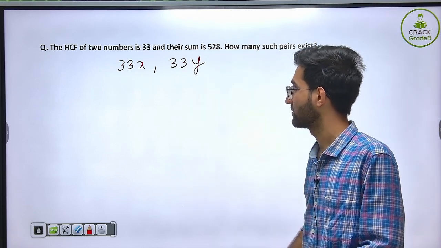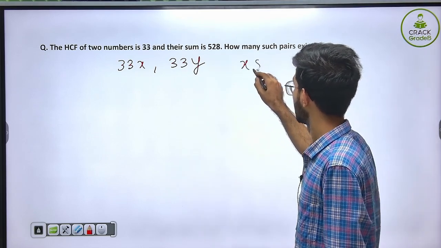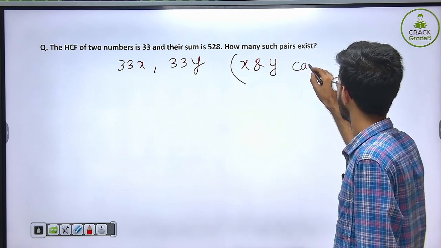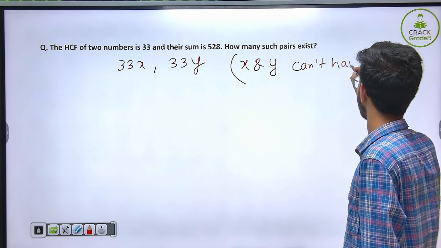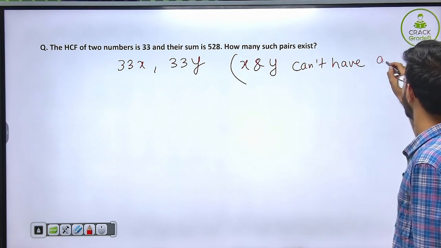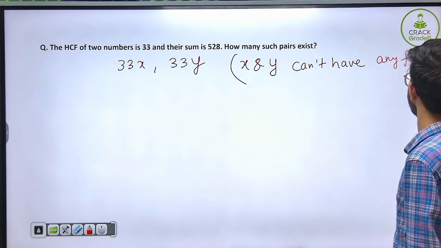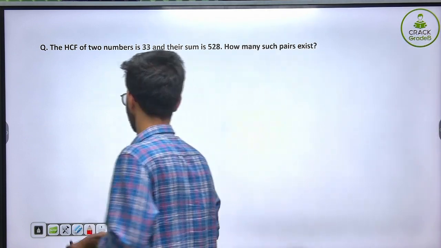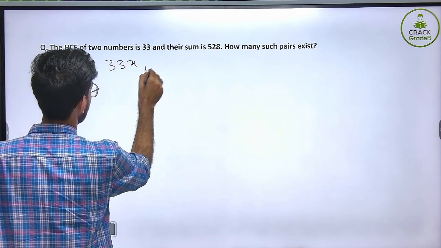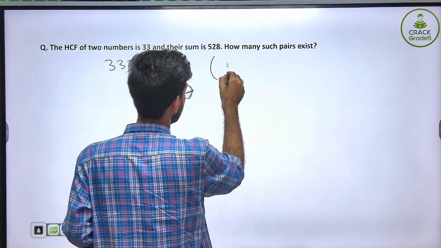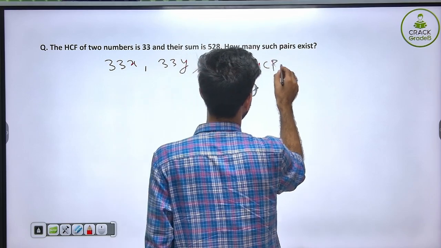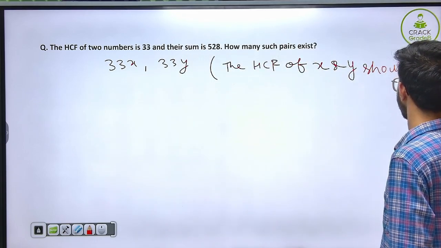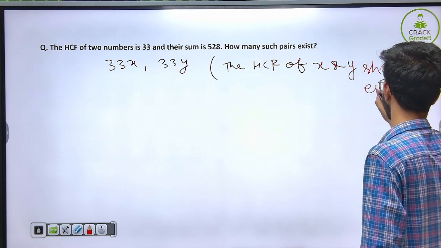Now do note this line in your notebook. The numbers are 33x and 33y, and remember the HCF of x and y should be equal to 1.